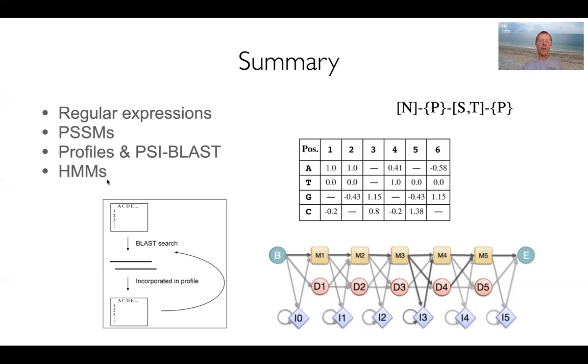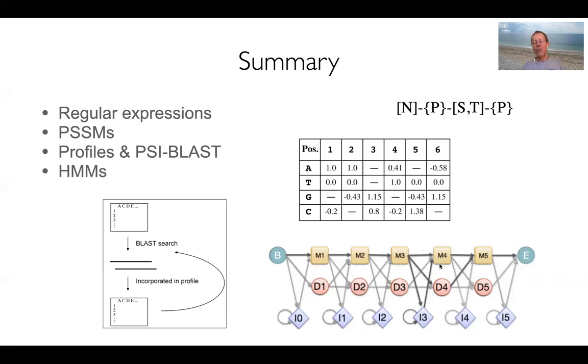Profiles can handle gaps and are very sensitive if you search big databases for instances of, say, a protein domain family represented initially by an MSA. And finally, HMMs provide even more sensitive searches, and are a very good way to represent a multiple sequence alignment.